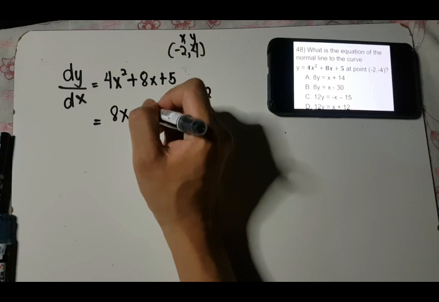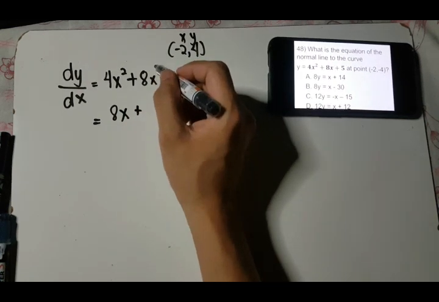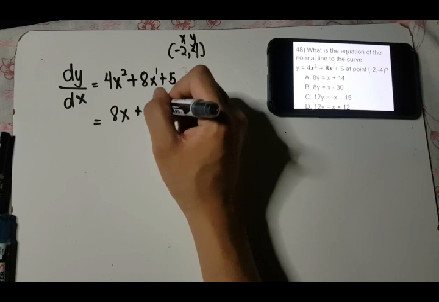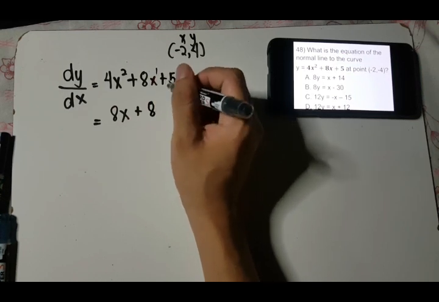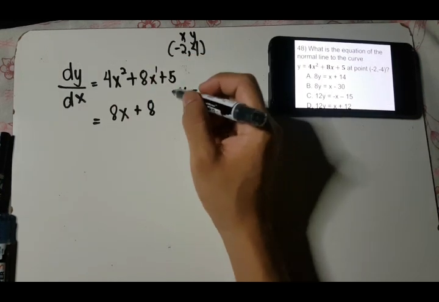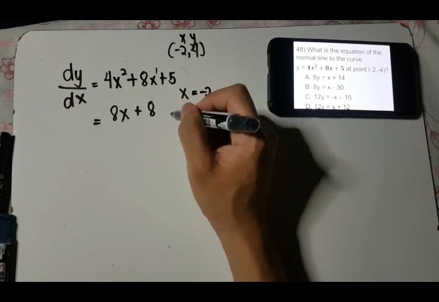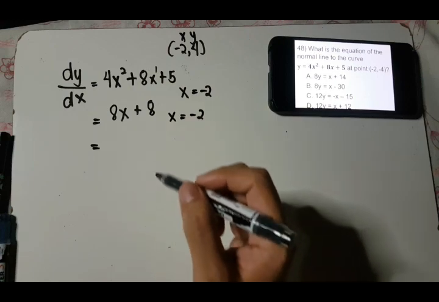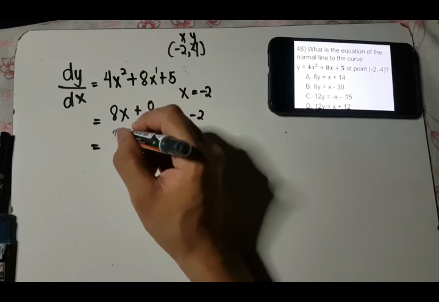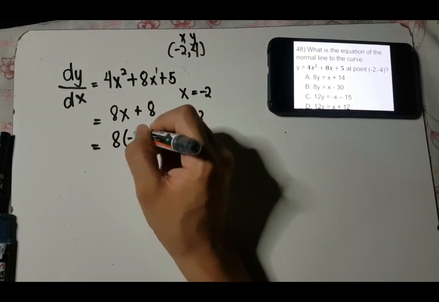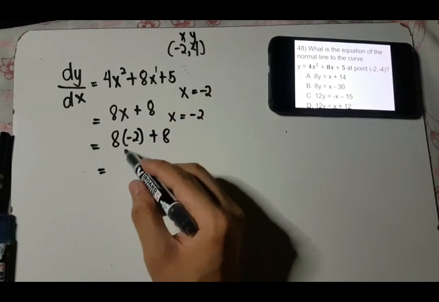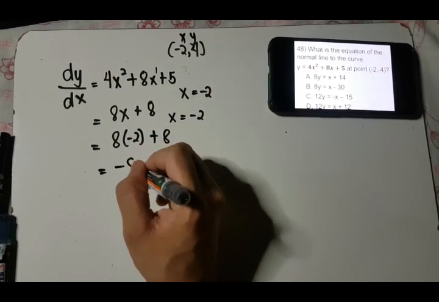So, 8x. Then, meron itong exponent na 1, so 1 times 8, so 8. 1 minus 1 is 0. And the derivative of a constant is 0. So, dy/dx is 8x plus 8, with x equal to negative 2. Just substitute: 8 times negative 2 plus 8. This is negative 16 plus 8. That is negative 8.